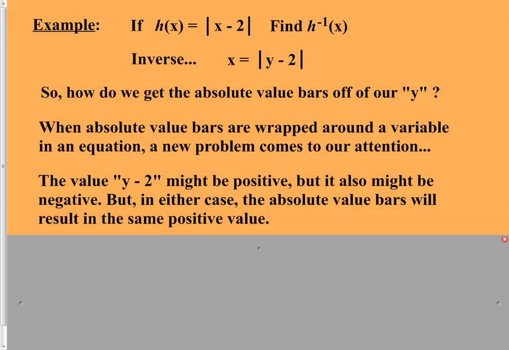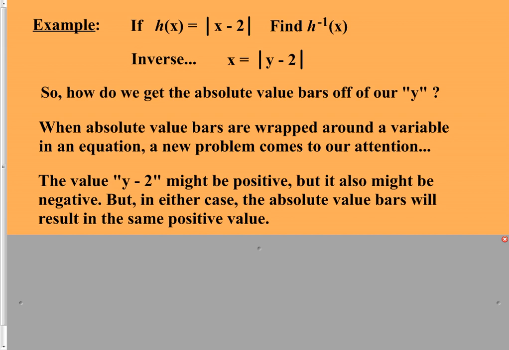The absolute value bars, by their nature, are going to steal any negative value that tries to come out of them, because absolute value bars measure a distance. Distance is always positive. So the value of y minus 2 might be a positive number inside of there, but y minus 2 might also be a negative number inside of there. In either case, the absolute value bars are going to result in a positive value.